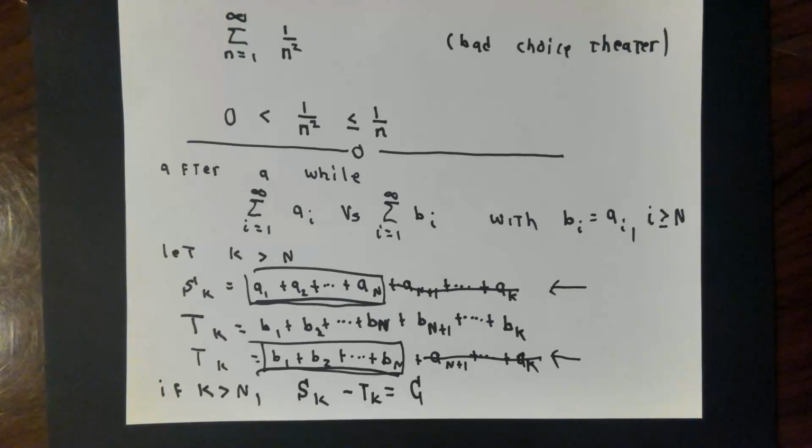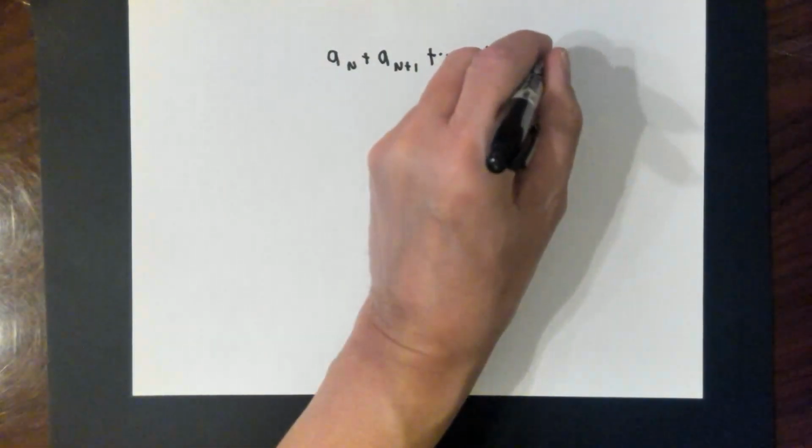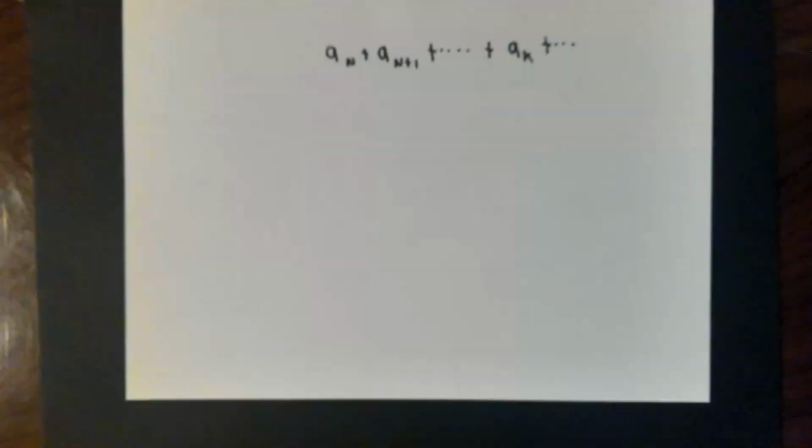In the integral test, if the f function isn't always positive and decreasing, but it was beyond some particular index, that would be good enough too. Suppose that you had figured out that a sub capital N plus the next a number, and so forth, out to ak, and then take the limit as k tends to infinity.